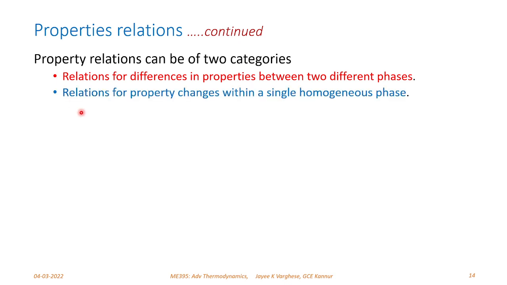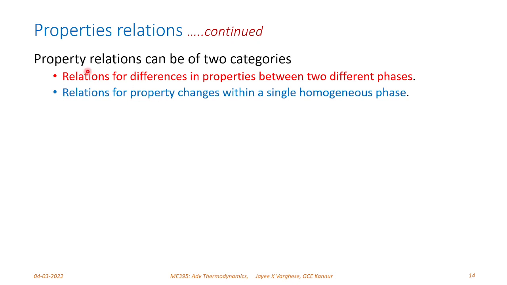But other types of relations are for when a thermodynamic process takes place and there is no change in phase. Like a gas is heated inside a cylinder, it remains a gas itself. Still, there will be property changes like pressure, volume, temperature, entropy, enthalpy, etc. All these properties can change during a process in which there is no phase change.